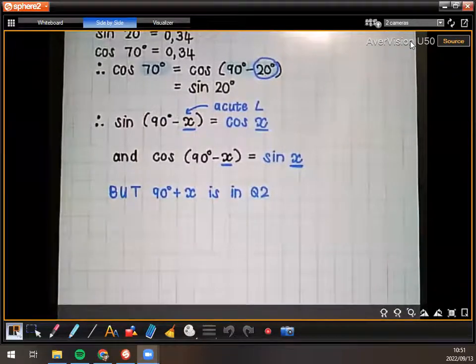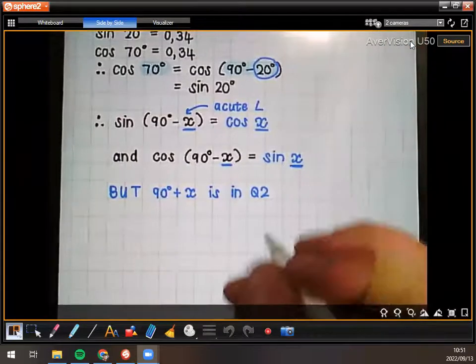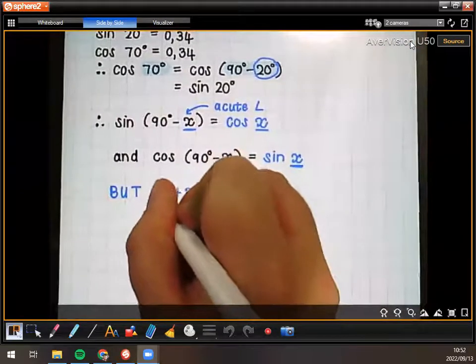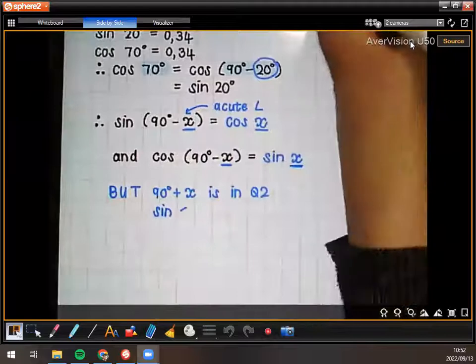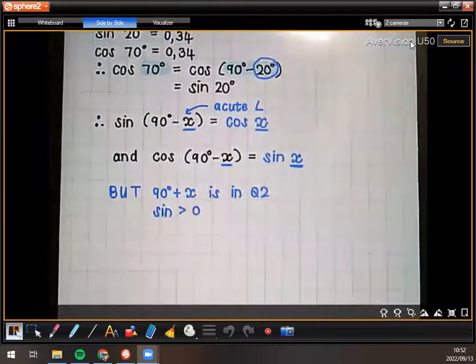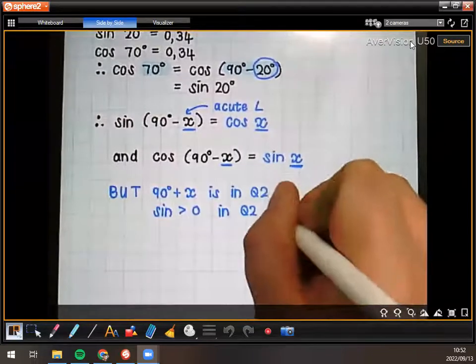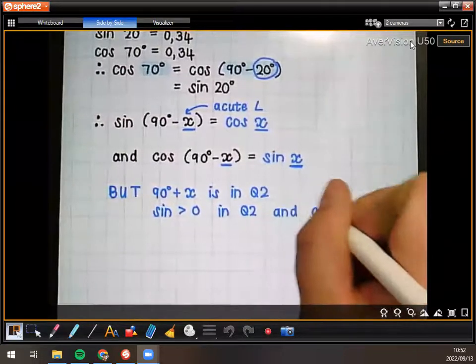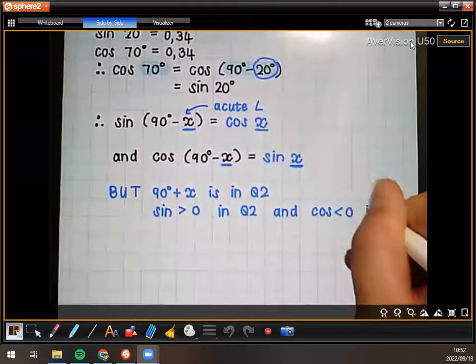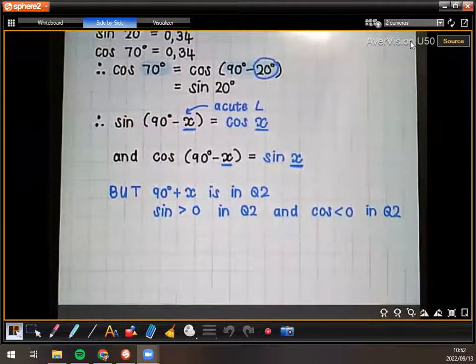So 90 plus x, guys, what is cos? What is cos in the second quadrant? Is it also positive? Negative. It's negative. So just like with our other reduction formulas, we have to take the sign in the second quadrant. Okay, so I'm going to add here, sine is greater than 0, positive in quadrant 2, and cos is negative in quadrant 2.